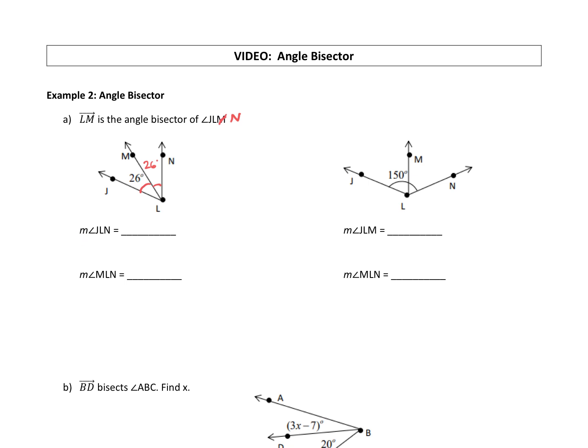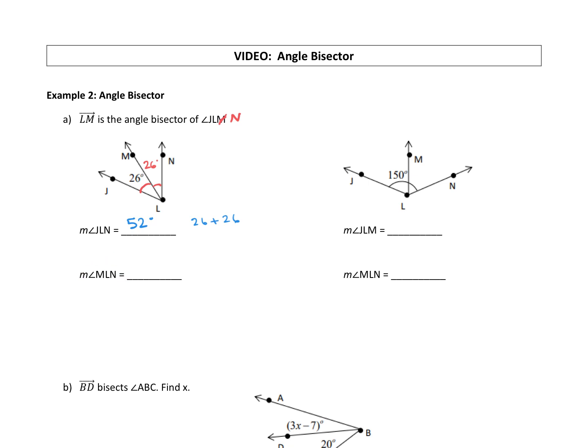It says find the measure of angle JLN. So JLN is the large angle. We can see it's made up of two smaller angles, a 26-degree angle and another 26-degree angle. So all we have to do is add together those 26s and we're going to get a 52-degree angle.